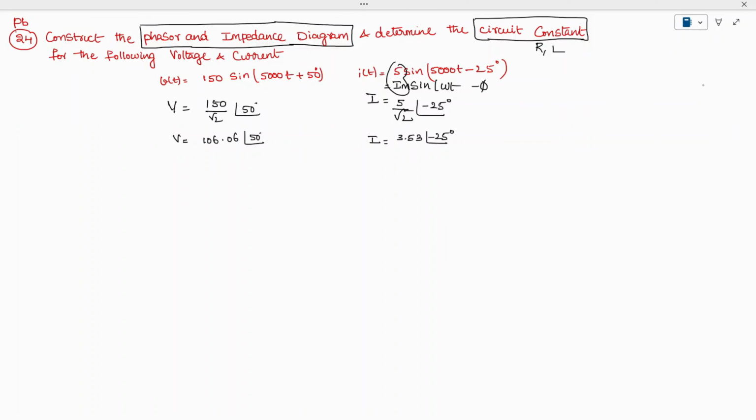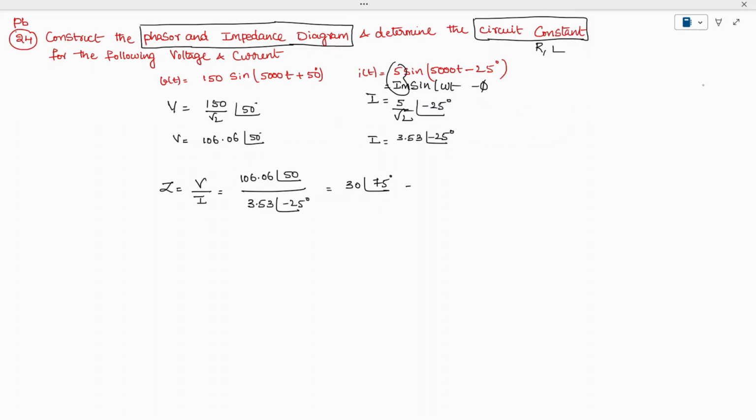In order to find the parameters, I write the impedance Z equal to V by I, which is 106.06 at an angle of 50 divided by 3.53 at an angle of minus 25. Dividing, we get 30 at an angle of 50 plus 25, which is 75 degrees.